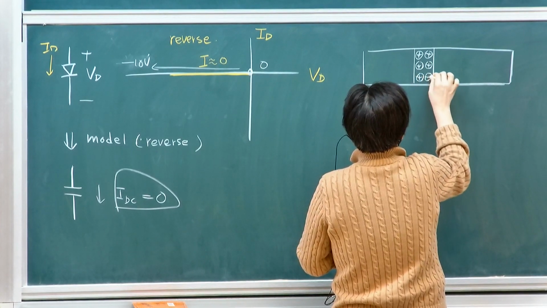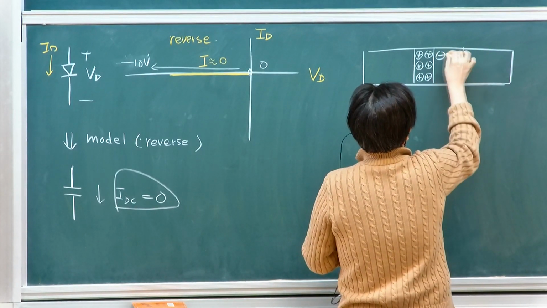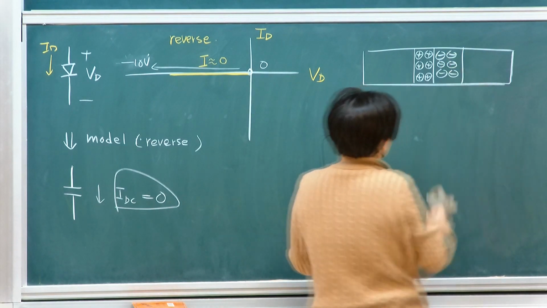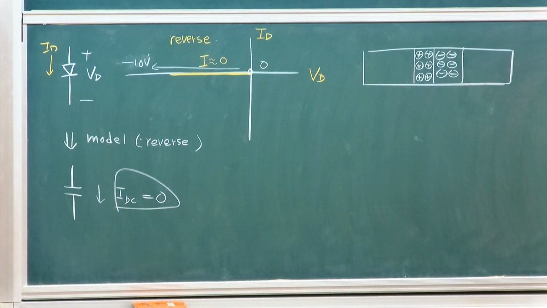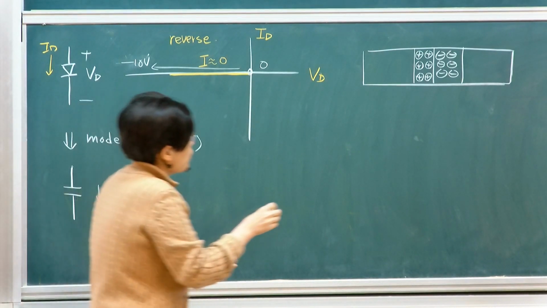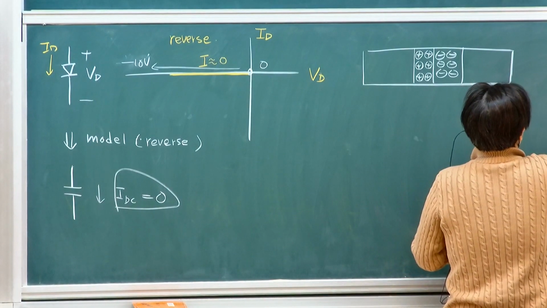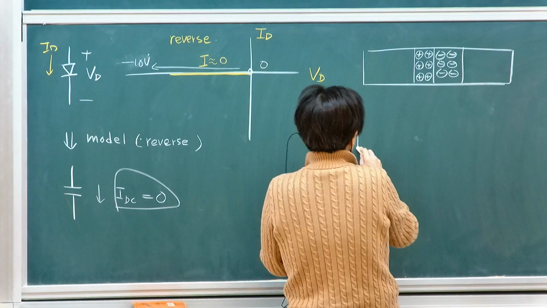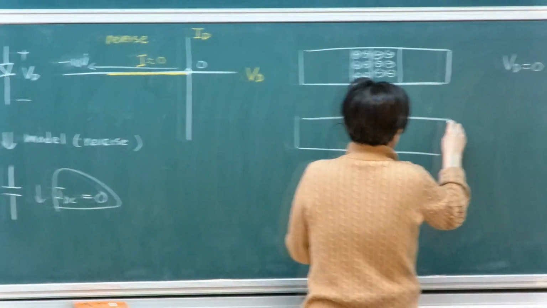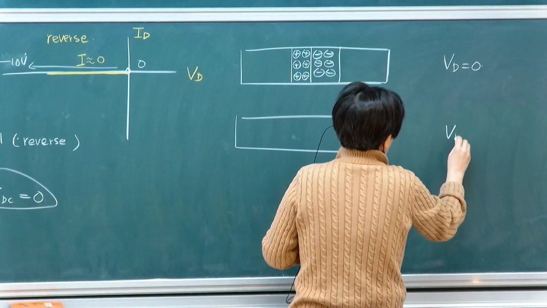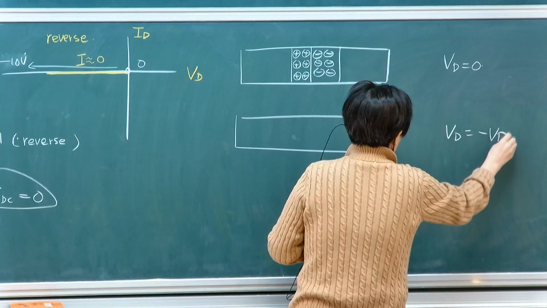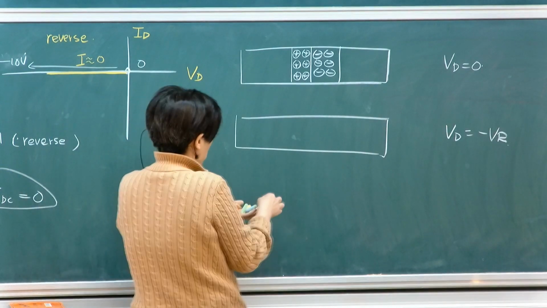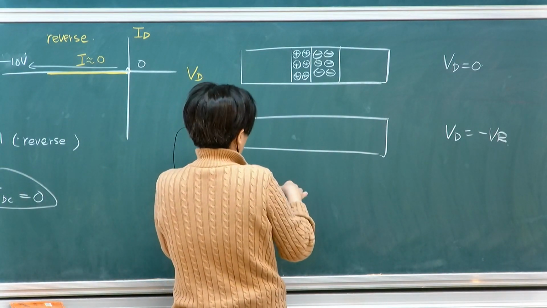So let's say this is under equilibrium, so V_D equals 0. Under higher voltage, if V_D equals minus V_R, where V_R is a positive number under reverse bias, you will see that the depletion region actually grows.